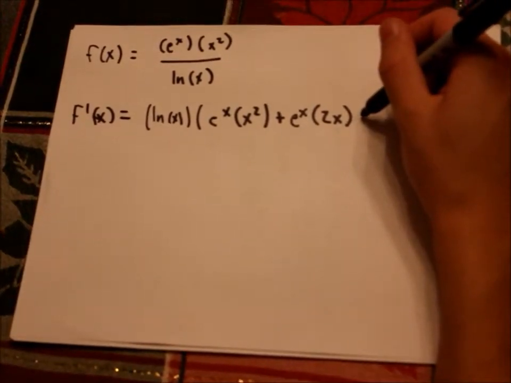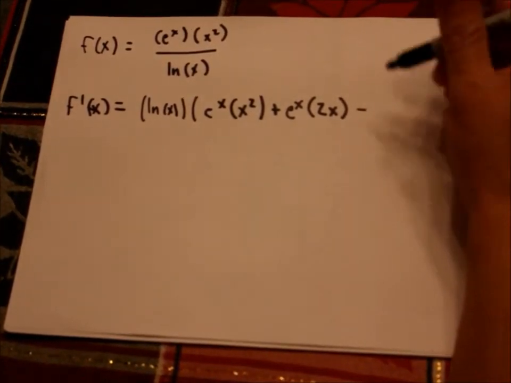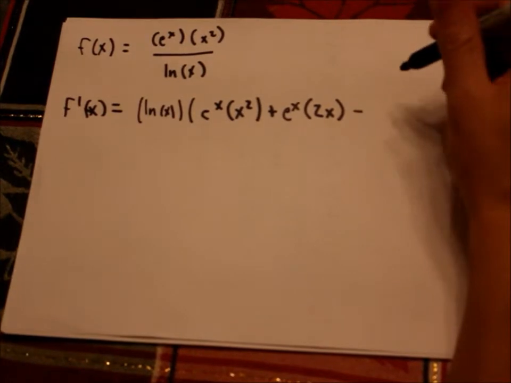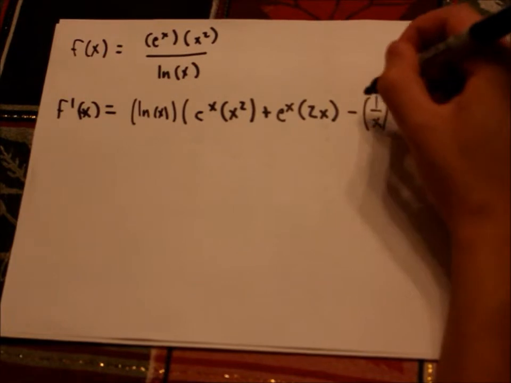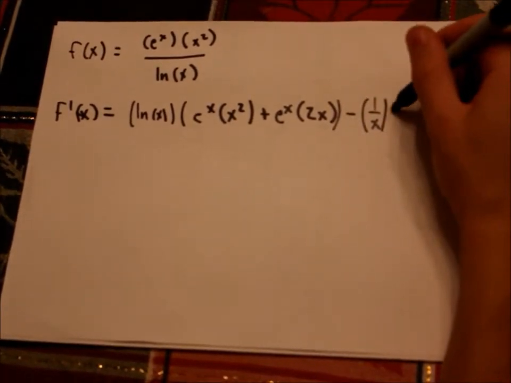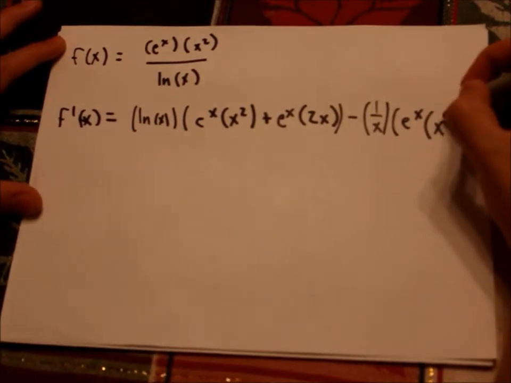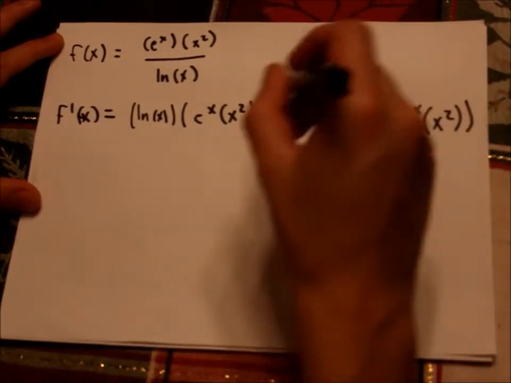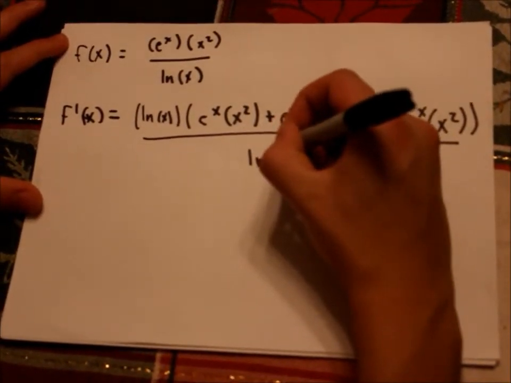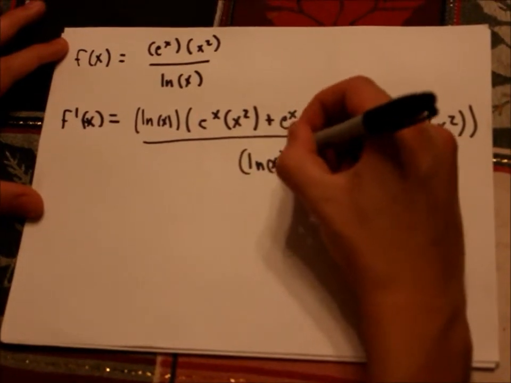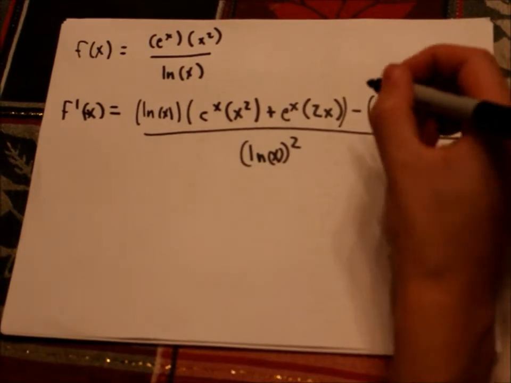And then minus, referring back to quotient rule, the derivative of ln x, which is 1 over x, times e to the x times x squared, all over low squared, ln of x squared.